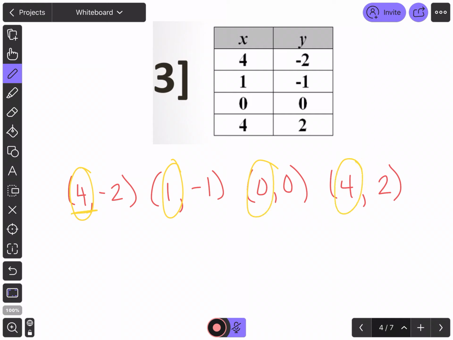I see 4 and 4 again. So we can say not a function. X values repeat. That 4 has 2 different birthdays.